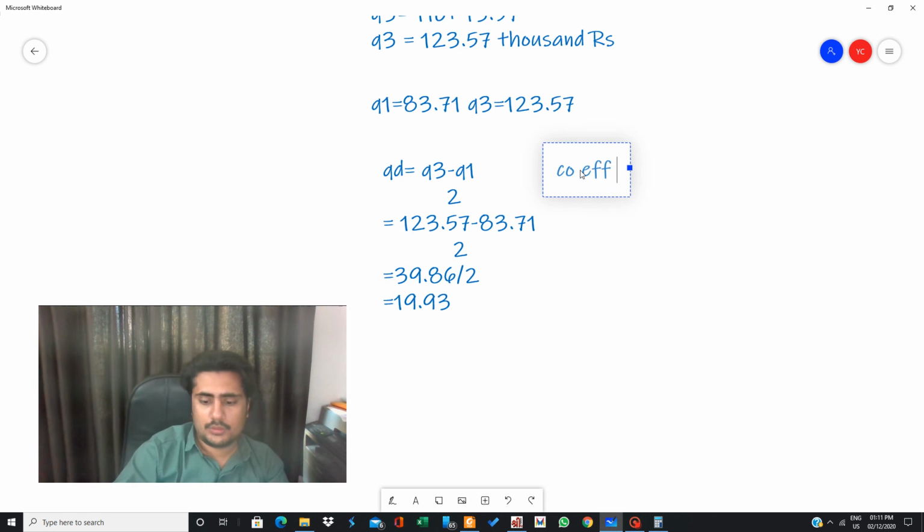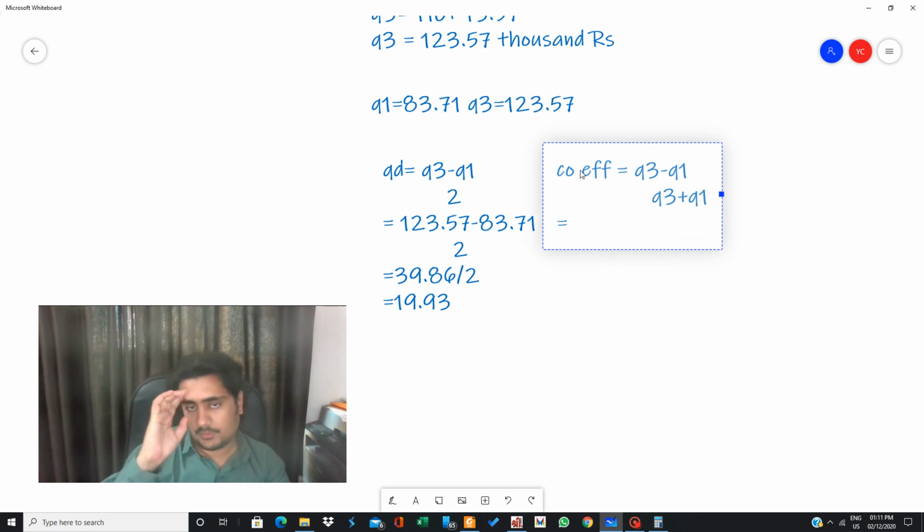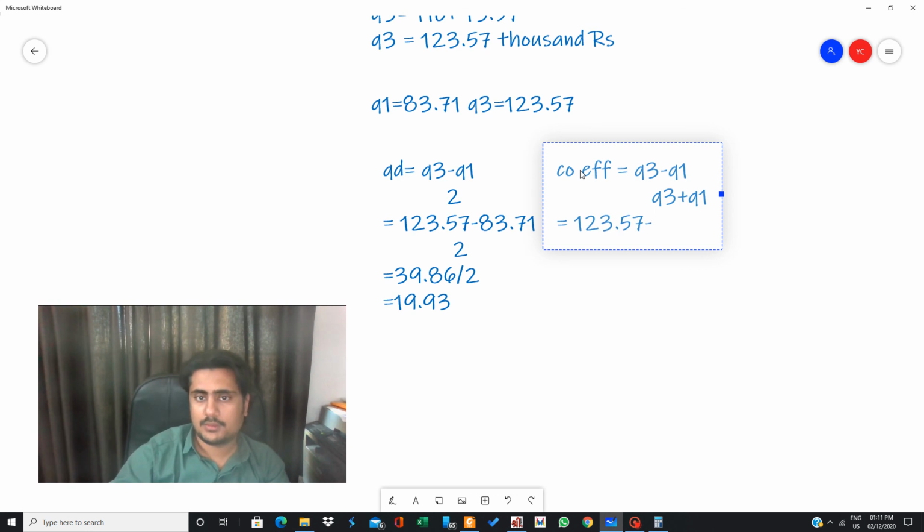The coefficient will be Q3 minus Q1 upon Q3 plus Q1. What is this? It is 123.57 minus 83.71 upon 123.57 plus 83.71.